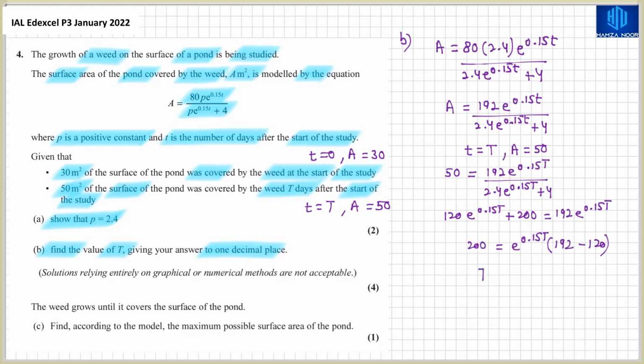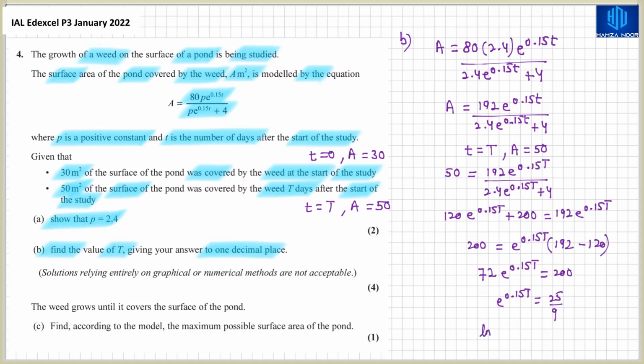So 72 e^(0.15T) = 200, therefore e^(0.15T) = 200 divided by 72, which is 25 over 9. So far we have achieved this. Now we have to make T the subject. We need to find the value of T, and for that purpose we need to introduce log on both sides.